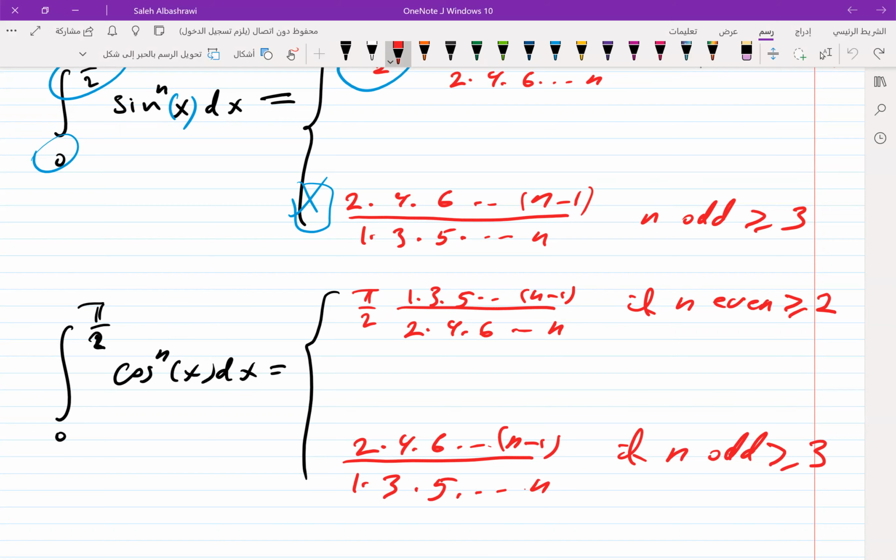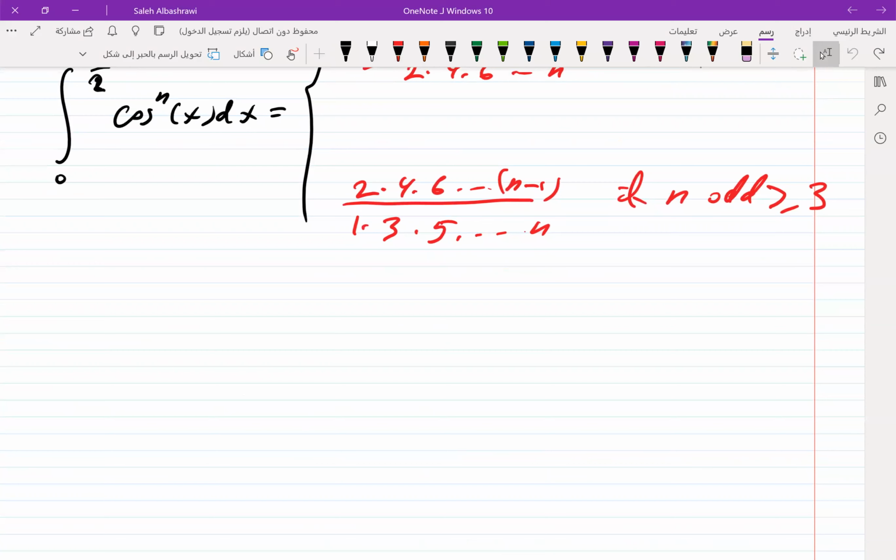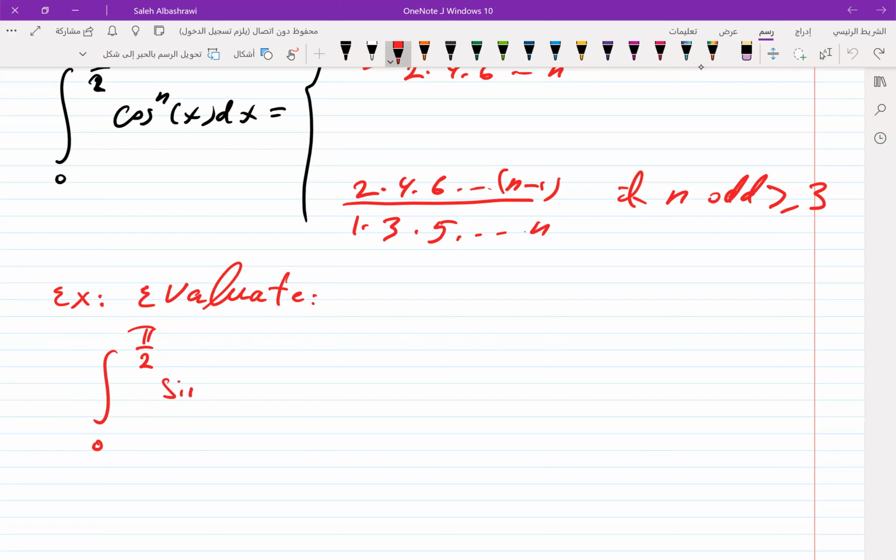For example, in our example, sine to the power 5. The integral from 0 to pi over 2 of sine to the power 5 x dx, limits 0 to pi over 2.